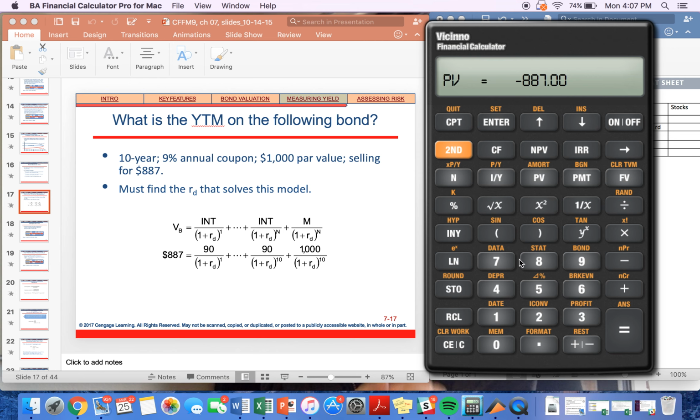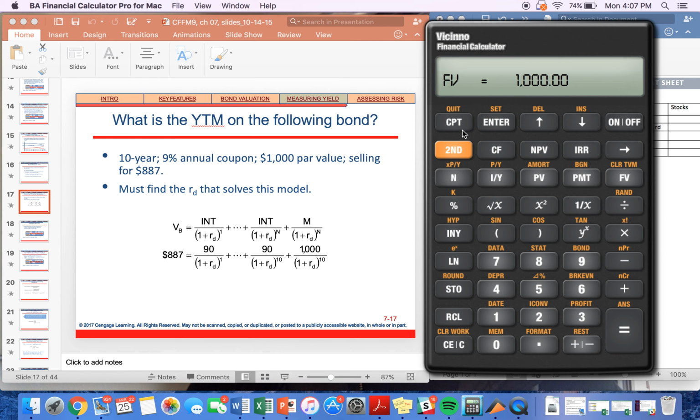My payment or my coupon in this question is going to be $90. And remember, I get that from multiplying my coupon rate by my par value. So that's going to give me 90. So I'm going to go ahead and plug that in for my payment in the calculator. And then remember, unless you're otherwise told, your par value or your future value is always 1,000, okay?